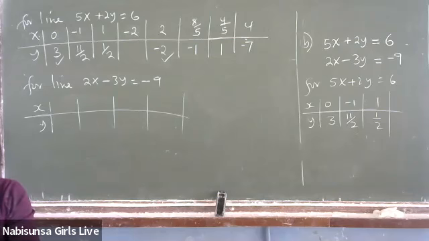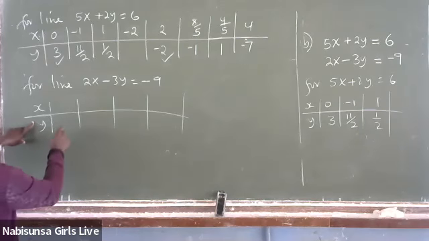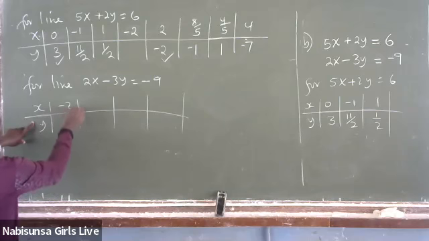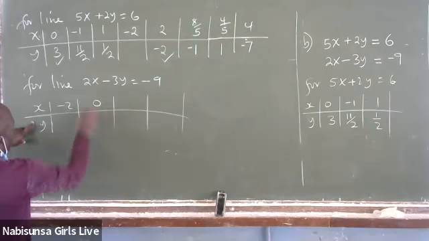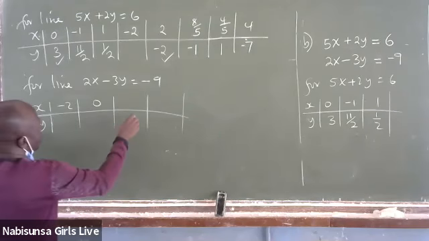Teacher, on the first line, I used the same values as Asi and got the same answers. But on the second line, for x I first used -2, and 0, and 1.